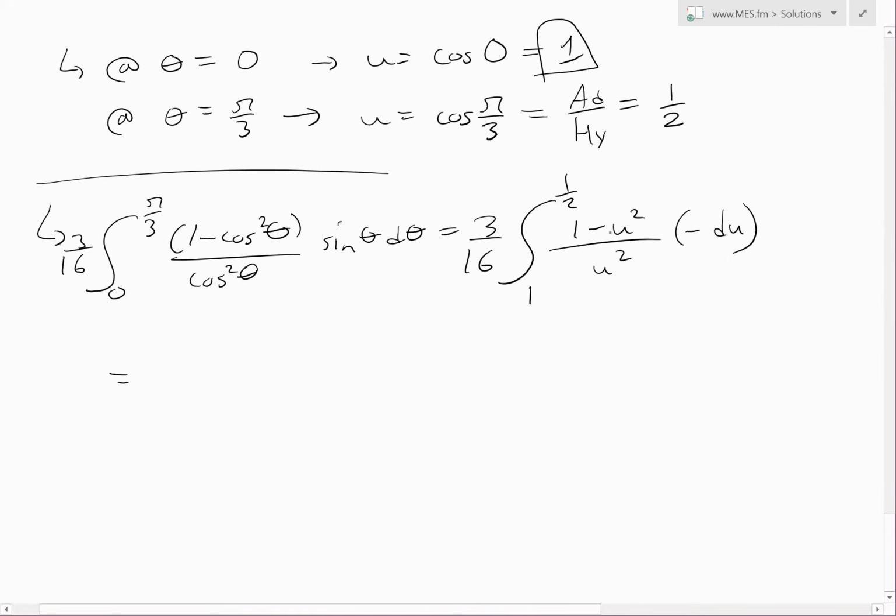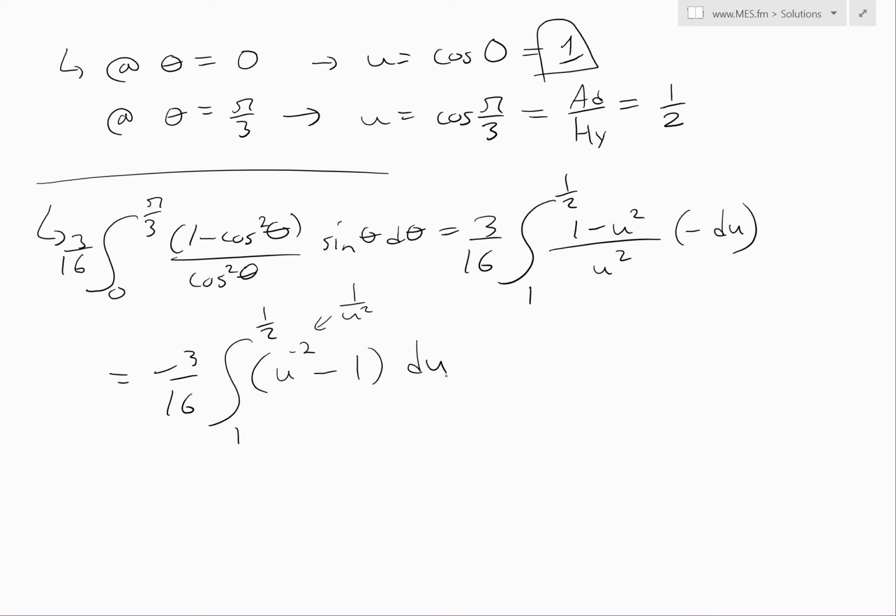Now if we simplify this out, we get negative 3 over 16, putting the negative outside, integral from 1 to 1 over 2. Dividing this out, we get u to the power of negative 2, which is the same thing as 1 over u squared. I'm just writing this because it's easier to apply the derivative to it. And now this one is just cancelled, so there's 1, and we have a du.